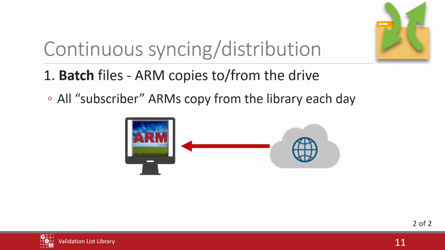And on the flip side, all of your subscribers, so any other ARM user in your company, will set up a slightly different batch file for them. And once they put it on their computer, then their ARM program, when they open up ARM for the first time each day, reads from the cloud in that library location and copies down any of those lists or SE files or whatever.